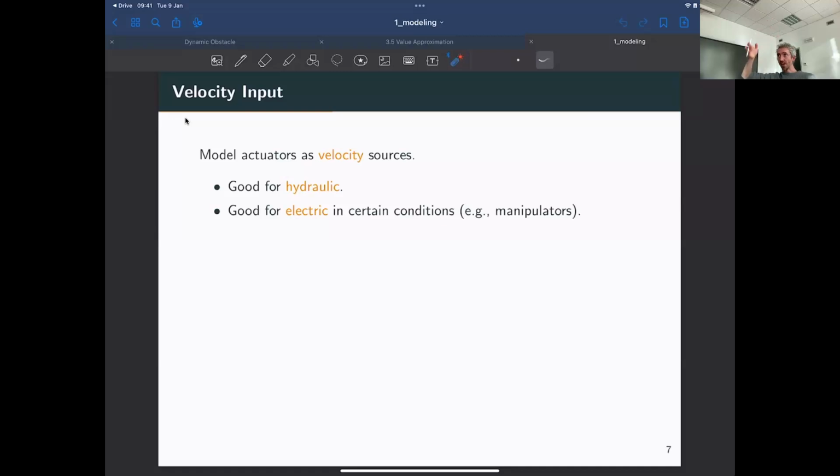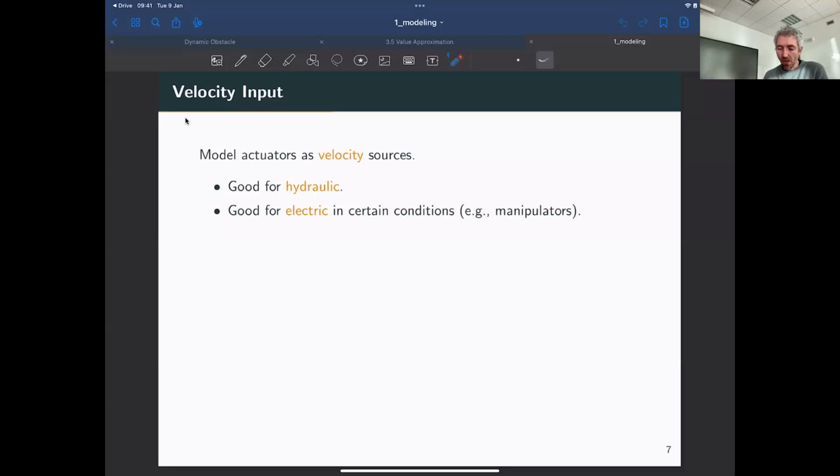You're always going to have a transition phase. But the point is, is that transition phase so fast and so reliable that I can neglect it? And if the answer is yes, then you can model your actuator as a velocity source. If the answer is no, then probably you need to look for other options.